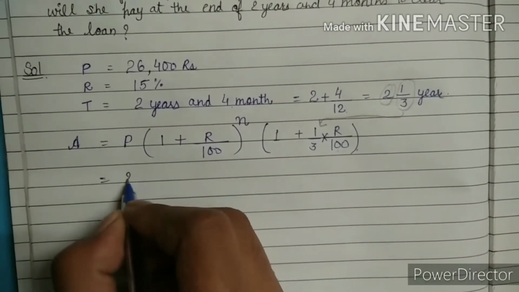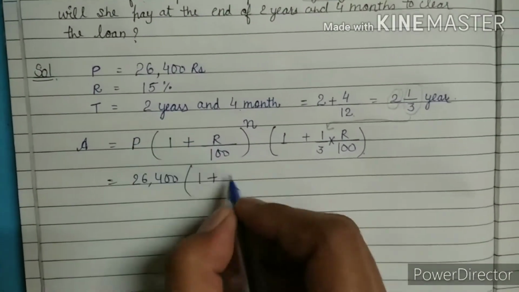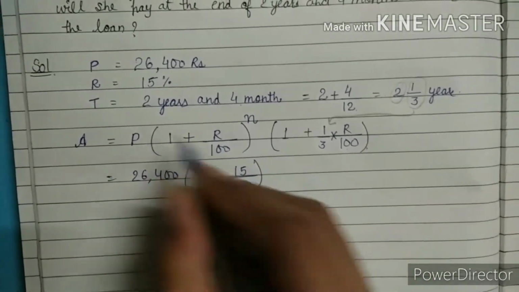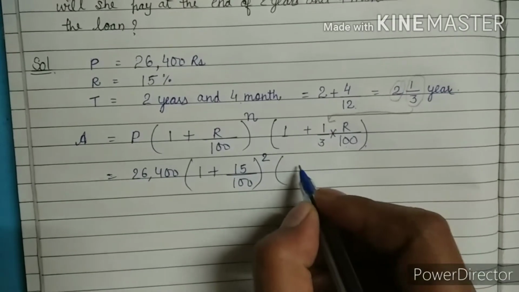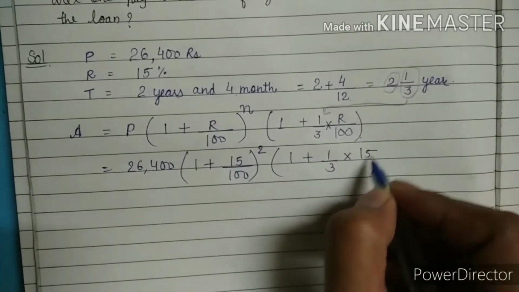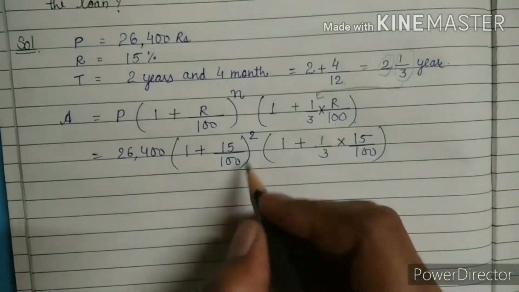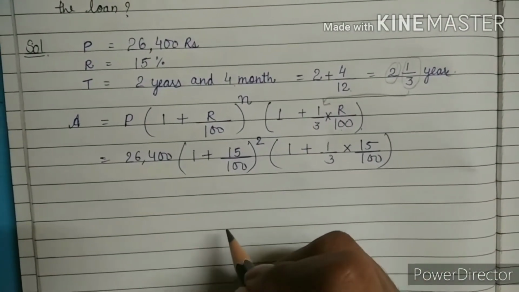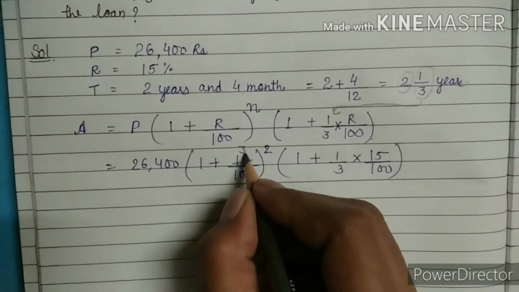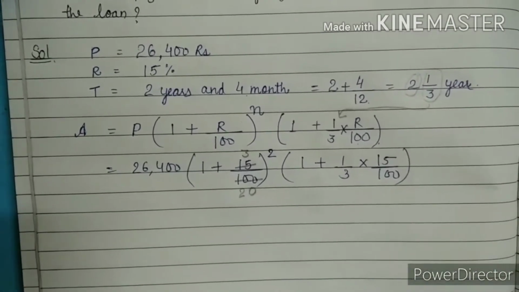In the place of p we put 26,400, 1 as it is, in the place of r 15, whole power is 2. Here 1 plus 1/3 multiplied by 15/100. Now as you can see, 15 and 100 will cut each other. 15 comes 3 times, 100 comes 20 times.